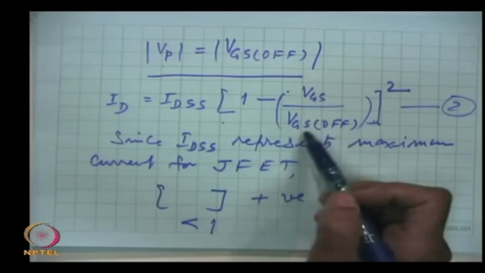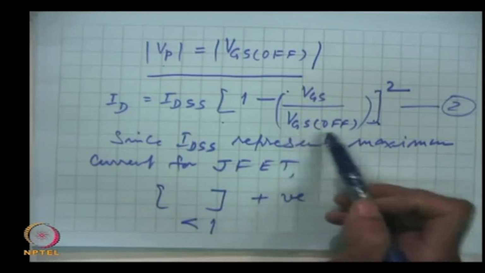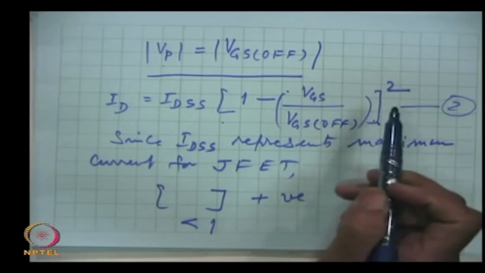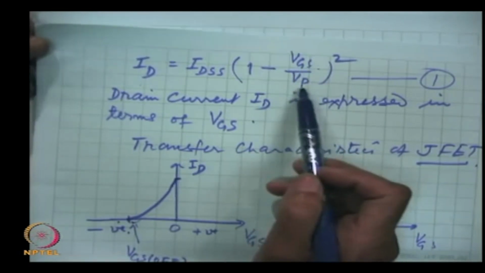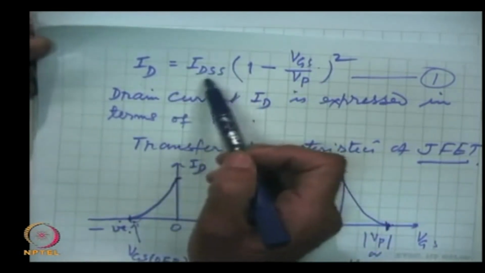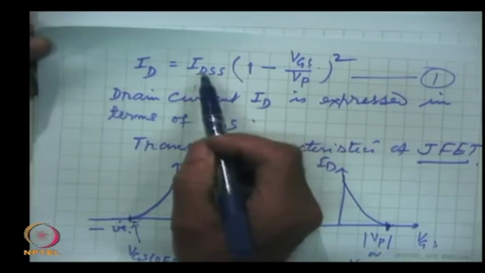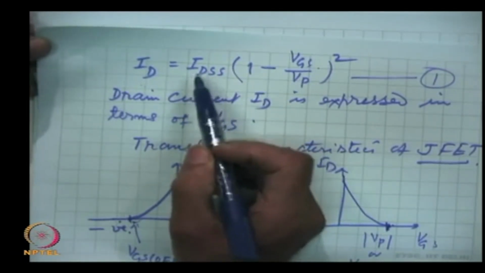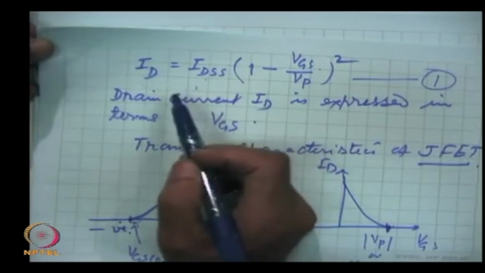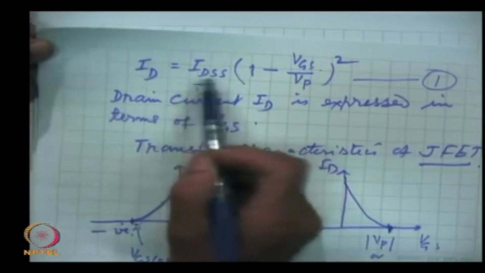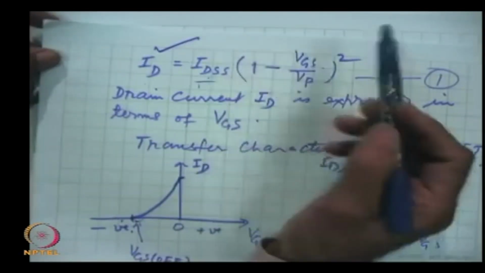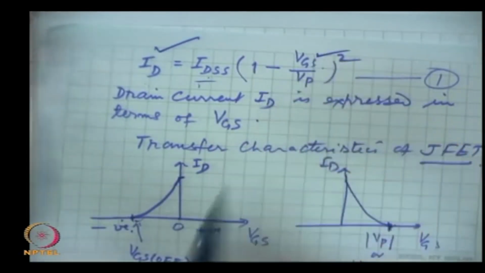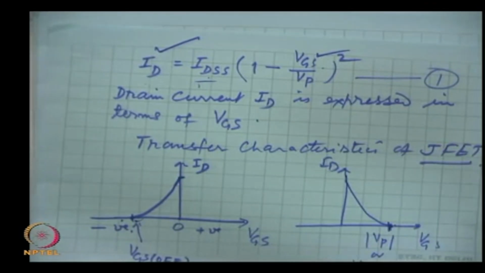We put the value of VGS off or Vp, substituting just the numerical values of VGS and Vp, and if we know the drain current when gate is shorted with the source, that current is known, then we can find out the amount of drain current with any value of gate source voltage.